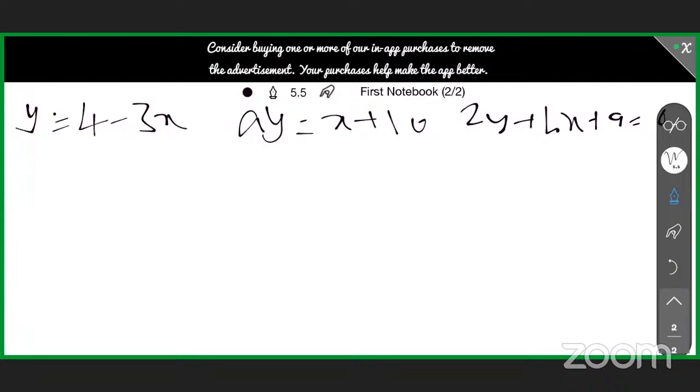Then find the value of a and b. You have to find the value of ab. This was asked in JEE Mains 2016.